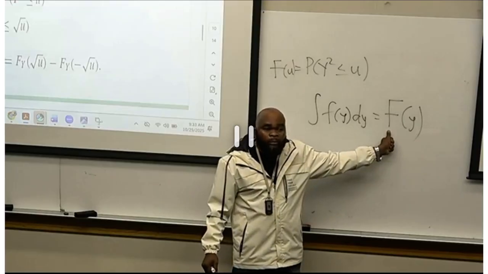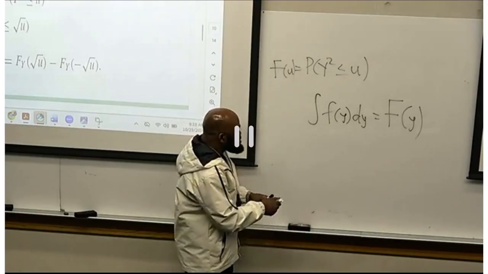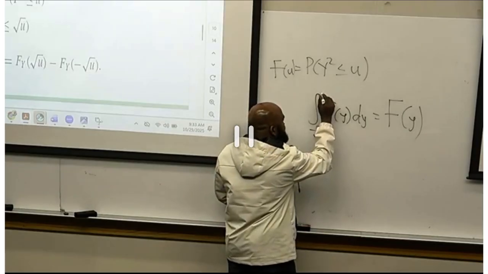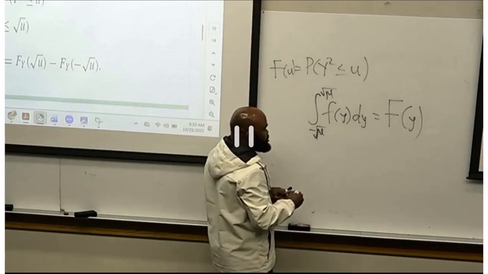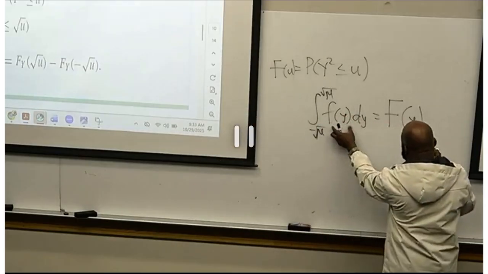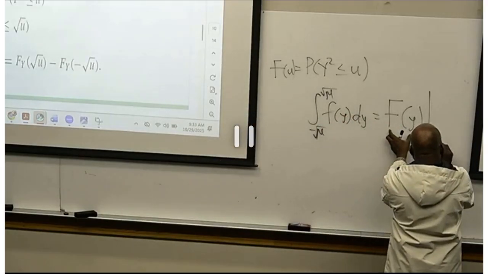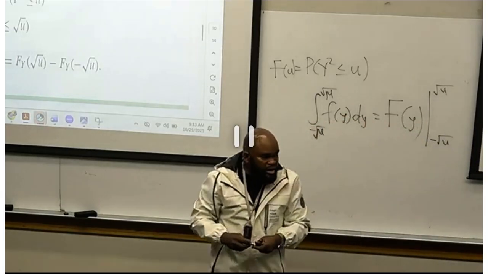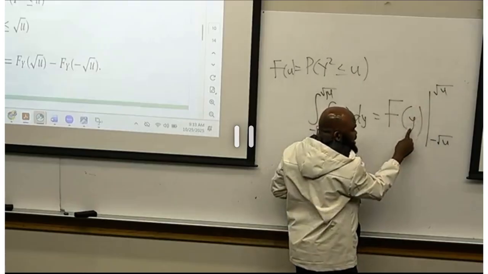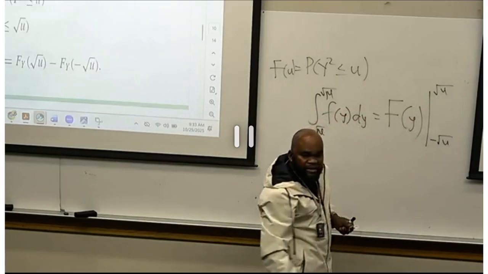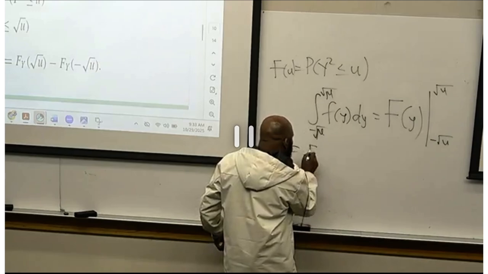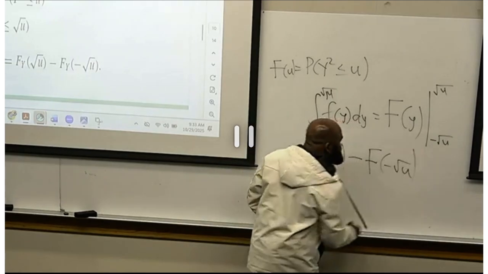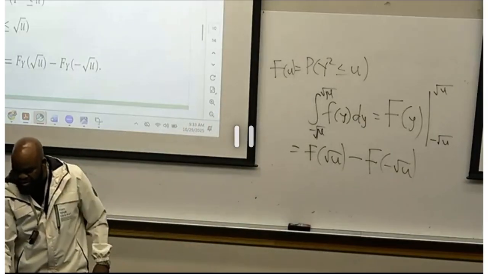CDF is an uppercase F. Which means when I integrate this one, I got this, then I'm going to say from negative square root of u to square root of u. Then I'm going to plug in this guy minus when I plug in this guy, which is going to be F of square root of u minus F of negative square root of u, which is why you have this guy here.